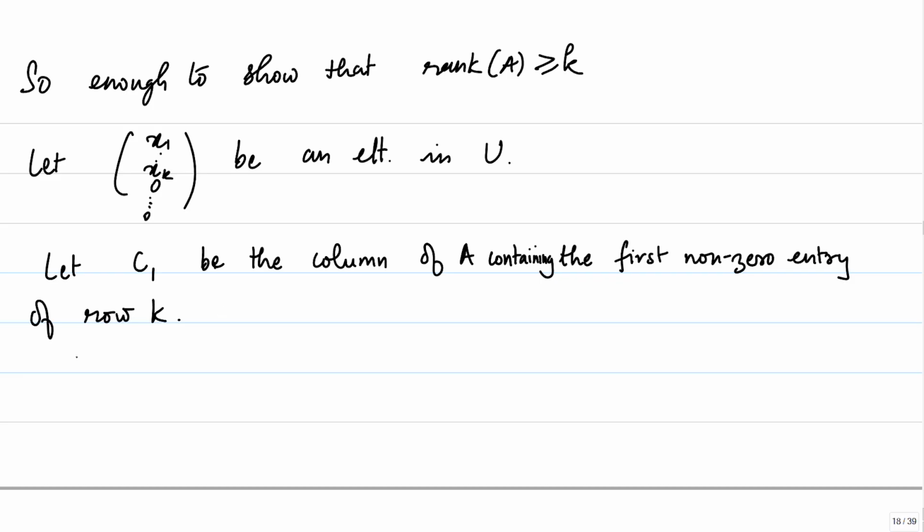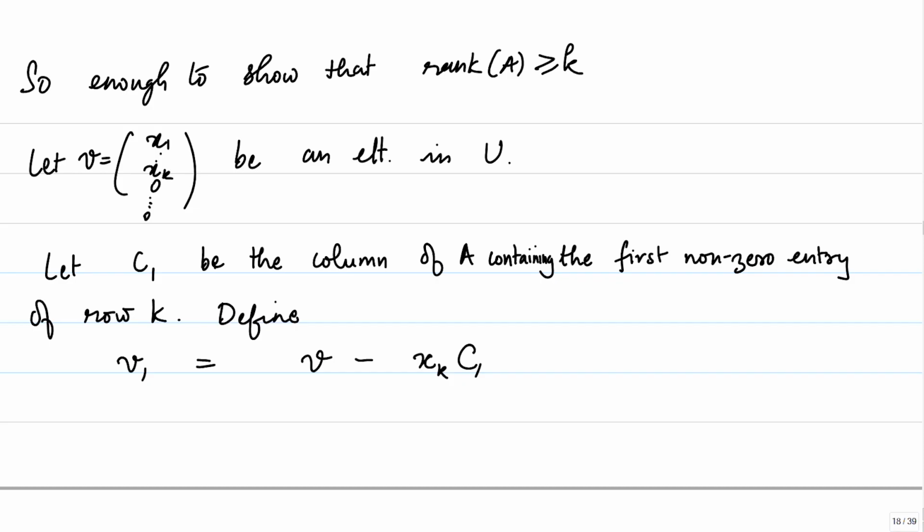So, let this vector be V, and let V1 be equal to V minus xk times C1. Now notice that C1 has 1 in the kth row and zeros below. So, xk times C1 will have xk in the kth row and 0 below.